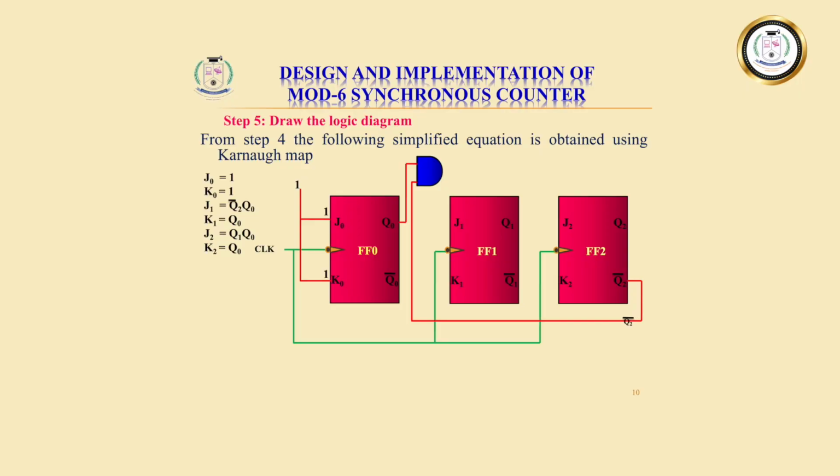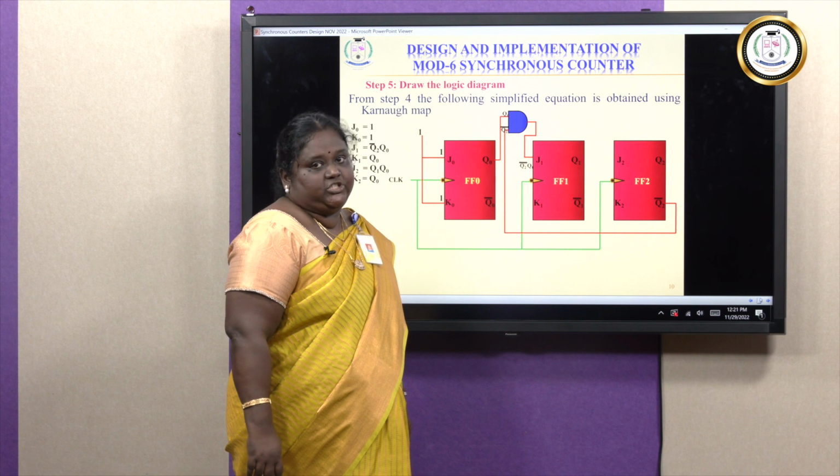The output of this AND gate is given as an input to J1. So we have completed giving the input for J1.